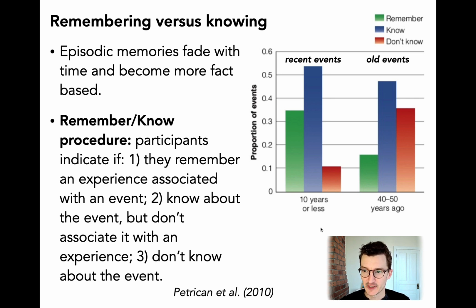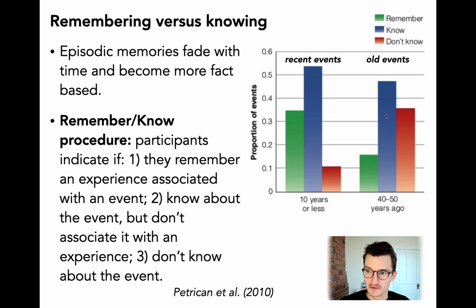And so what they found in the study was that, for older events that happened 40 or 50 years ago, participants were much less likely to remember a particular episode in their lives in association with that event.